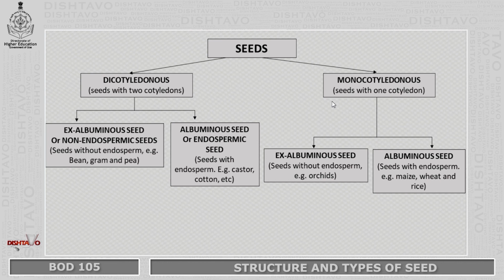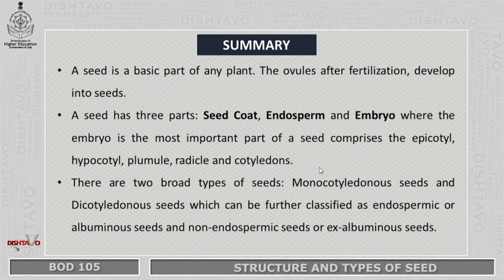Whereas the monocotyledons, based on the presence or absence of endosperm, can be classified as monocotyledonous albuminous seeds which have endosperm, and monocotyledonous exalbuminous seeds, which are the seeds that lack the endosperm, like orchids.